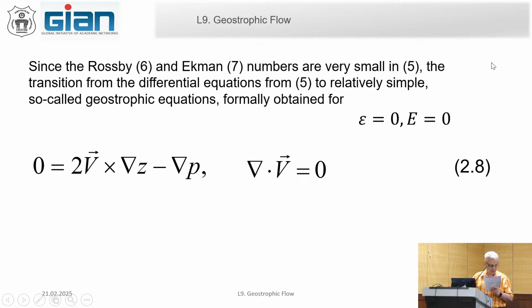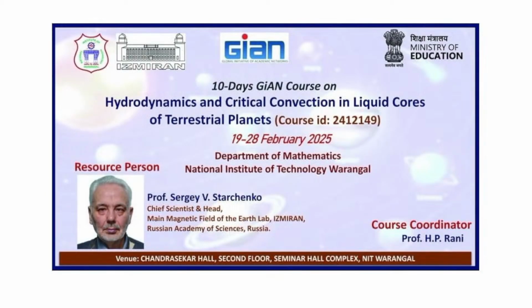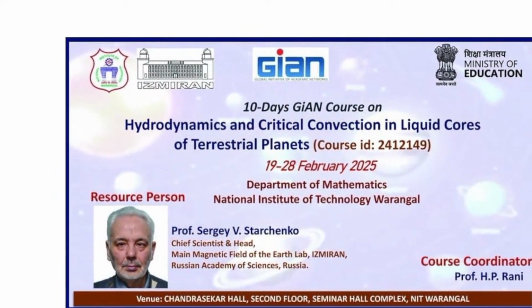So the transition from the differential equation 5 to the relatively simple so-called geostrophic equation is formally obtained. We just equate to 0 epsilon and E, and consequently the Rossby number and all the terms connected with it.